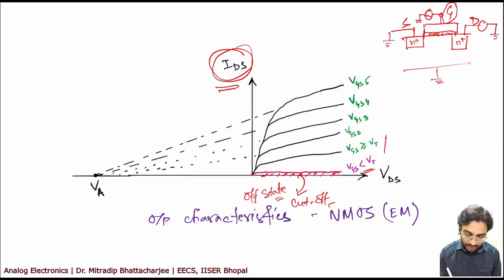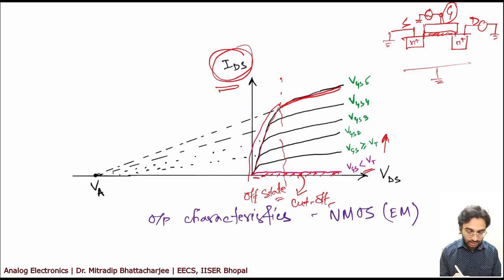Now if you start increasing the VGS, which is above Vt, you will find your IDS is also increasing. Okay, and then if you look at the characteristics, if you increase VDS, you will find that your characteristics is first, up to a point, kind of linear, and then it starts saturating. More or less, it's kind of saturating.